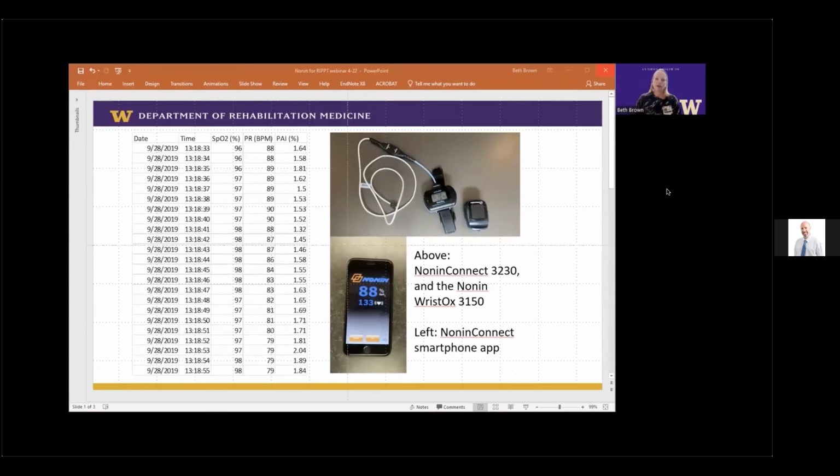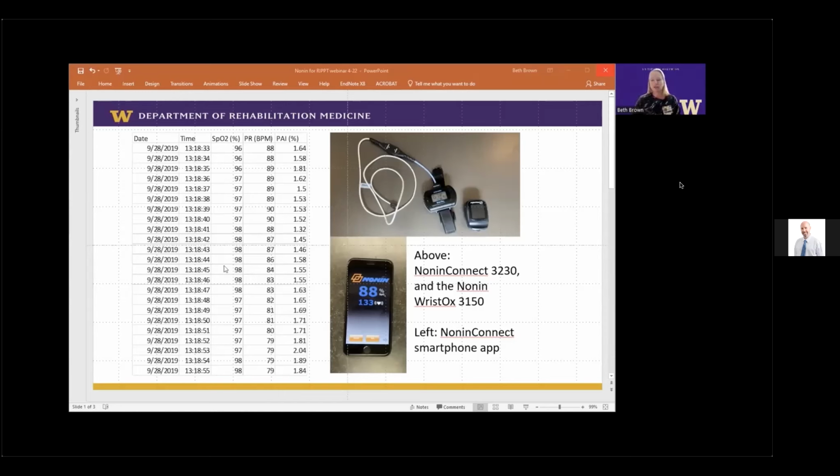The cons, though, are that the fingertip device can be a little difficult to get good, consistent readings in situations where perfusion isn't great, like in cold environments or individuals that have Raynaud's phenomenon.